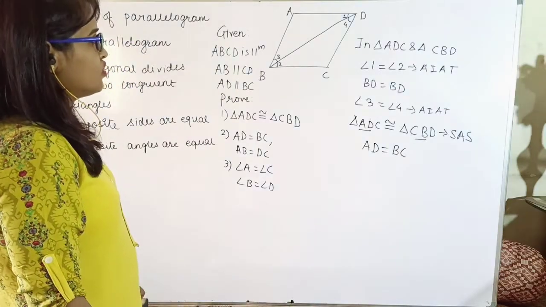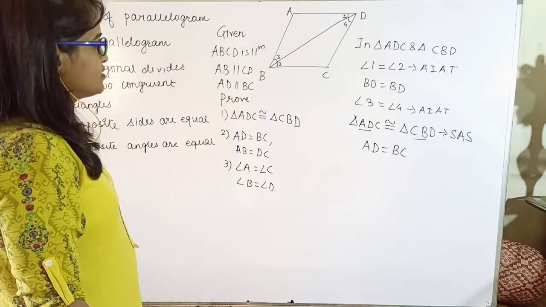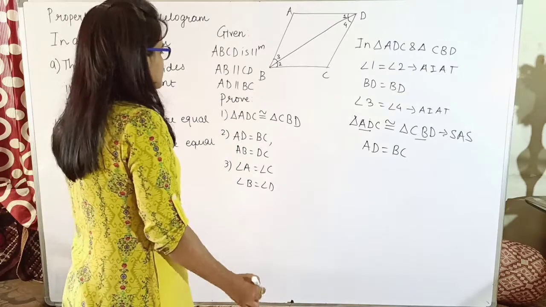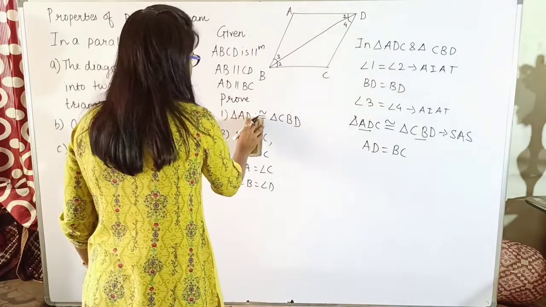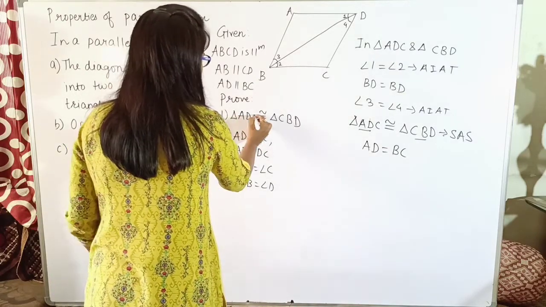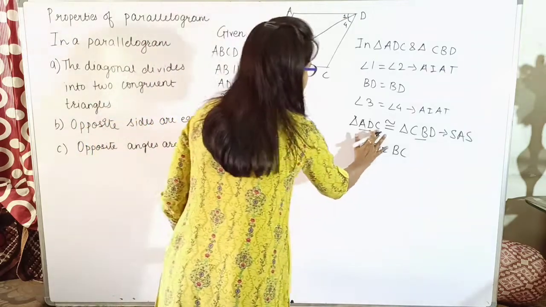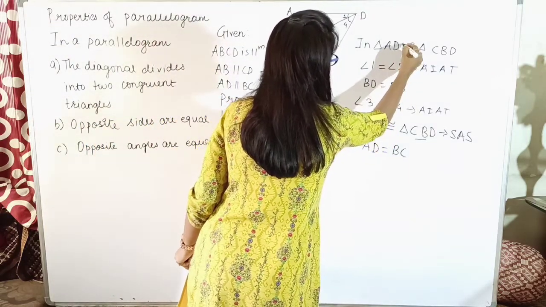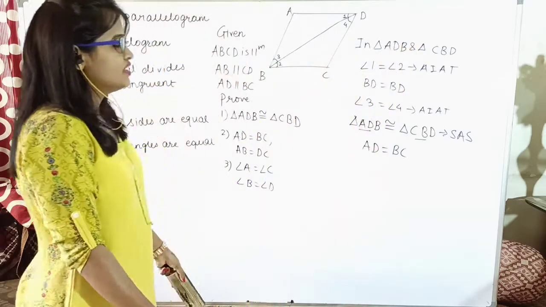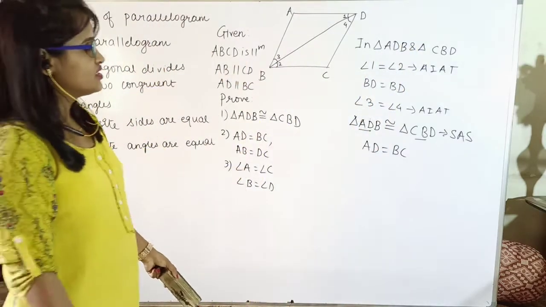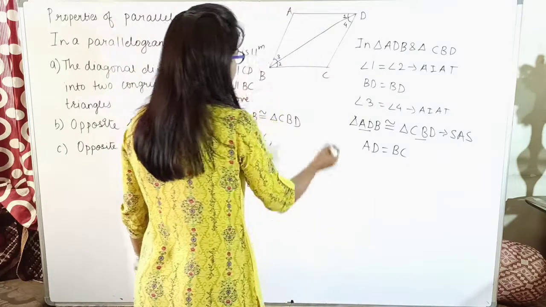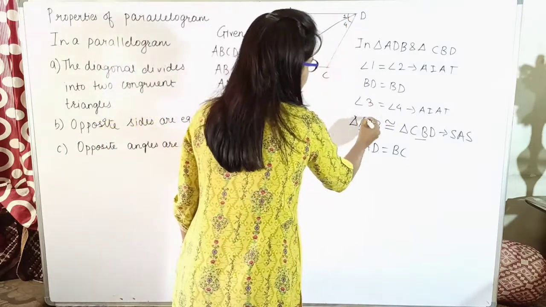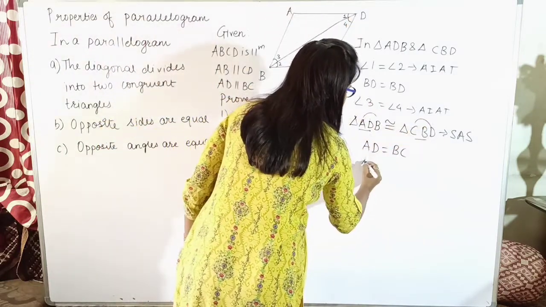And next one, what you can write? Yes. Oh, here it should be ADB. Sorry. By mistake, I have written it as C. It should be ADB. Okay. So AD equal to BC, the first one, and next one, AB equal to CD.